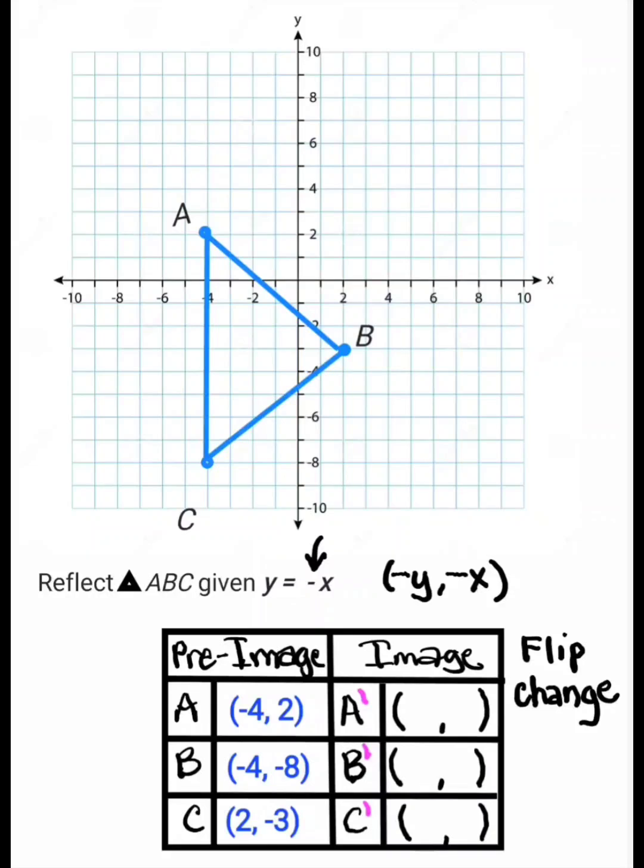It's going to get real easy and you're not going to have to think of too many things at one time. So 4 and 2 becomes 2 and 4. 4 and 8 will become 8 and 4. And 2 and 3 will become 3 and 2.